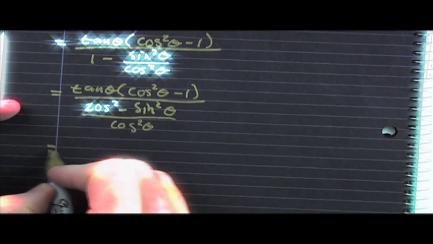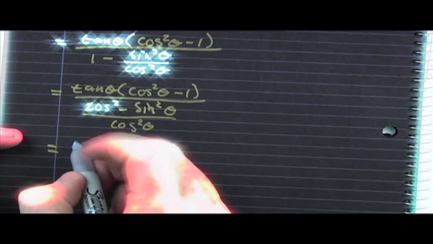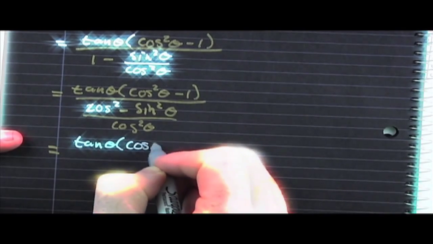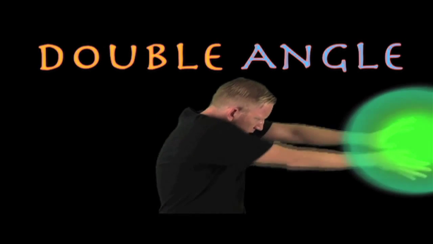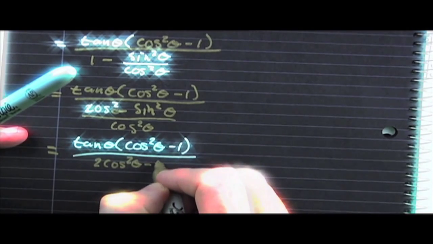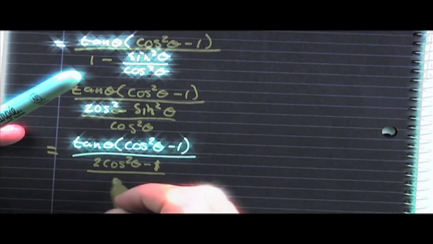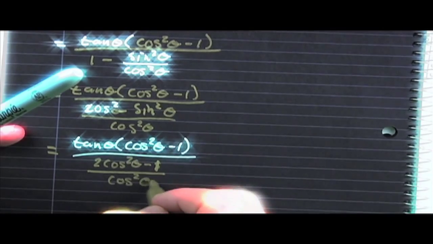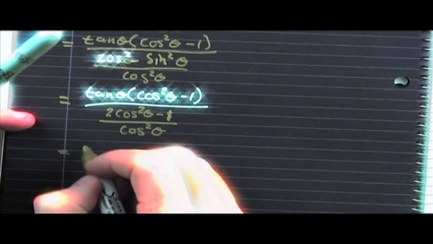Now what? Well, there's a couple different ways we can go. We can use the reciprocal, or we can use the double angle. Double angle. All over the cosine squared theta.